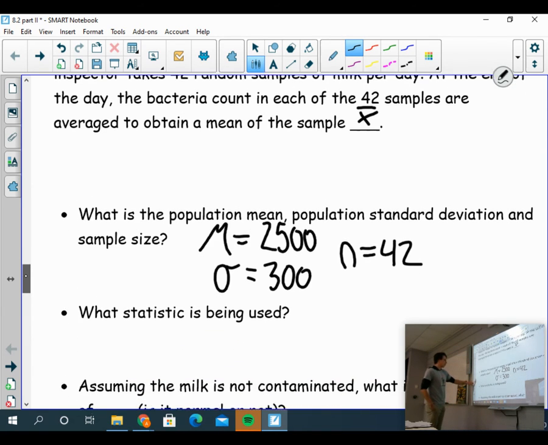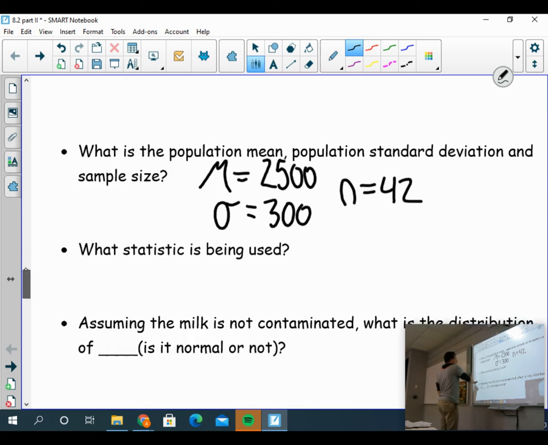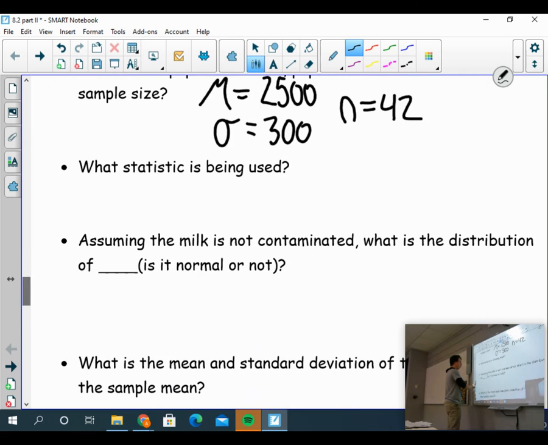What statistic is being used? Well, remember the difference between statistics and parameters. Parameters tell us info about the population. Statistics are numerical descriptors of the samples. So what statistic is being used here? Well, they tell us that in the 42 samples, we are averaging them to find the sample mean.